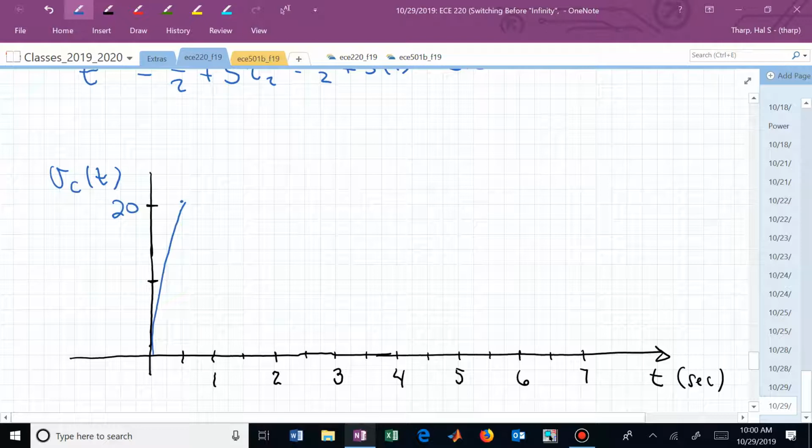And what's e to the minus 1? 0.37. Now we're 37% of 20 at 1.5, which is about 7, a little bit more.